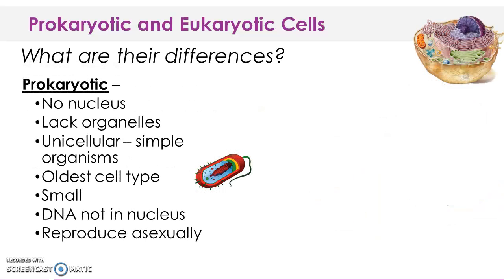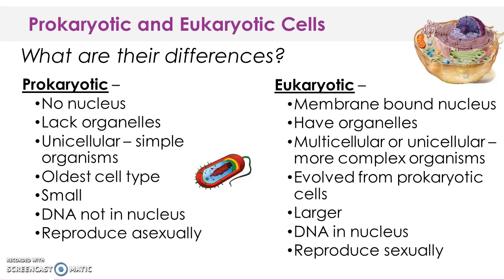Now, what are their main differences? Quite a few. To start, as we mentioned with the root words, prokaryotic cells do not have a nucleus, while eukaryotic cells do. Prokaryotic cells lack organelles, which are the structures that make up a cell, while eukaryotic cells have several organelles. Prokaryotic cells are only going to be found in simple organisms that are unicellular.